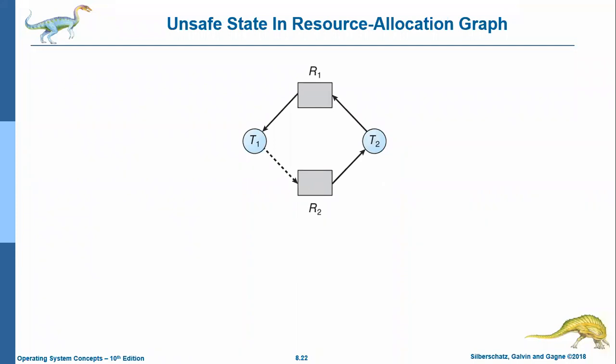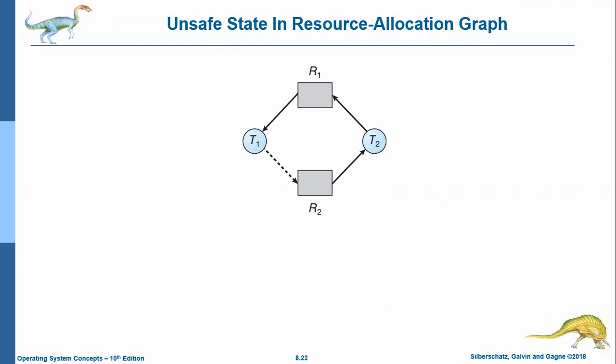Unsafe state in resource allocation graph. As we said earlier, a claim edge will be converted to a request edge, and a request edge may be converted to an assignment edge depending upon when the process has requested the resources and when the resources have been allocated to the process.